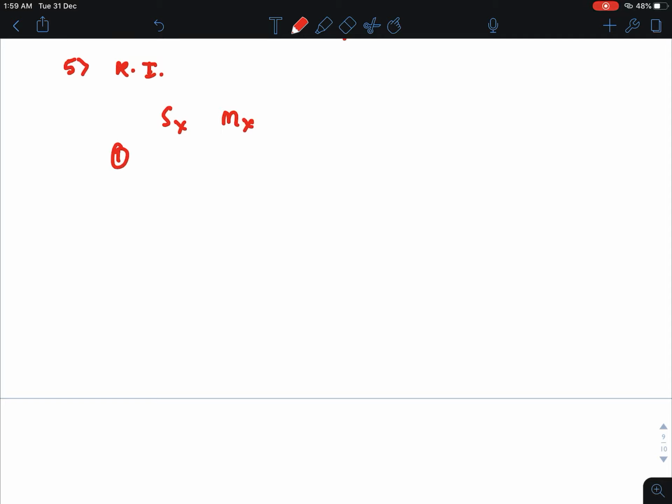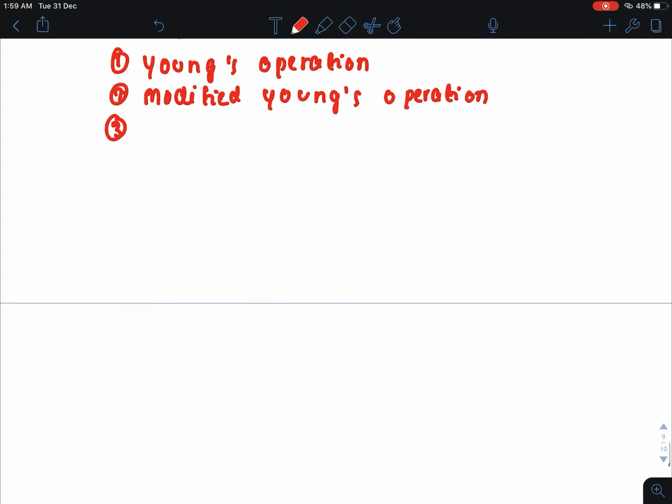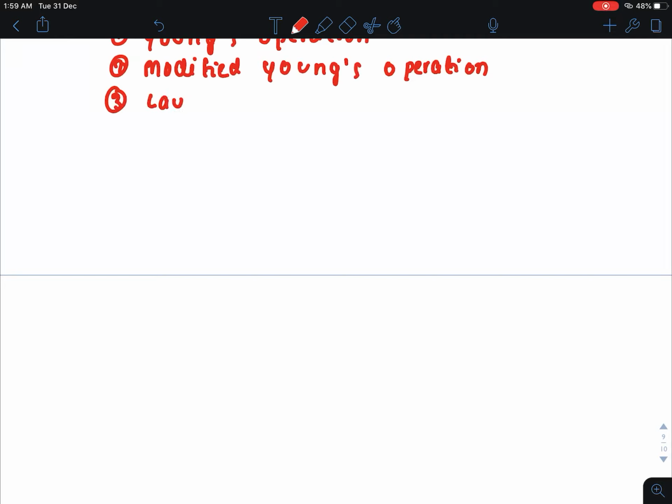The surgical managements are Young's operation, modified Young's operation, and Lautenslager's operation. Any of the operations can be done in case of atrophic rhinitis. Now we have completed atrophic rhinitis.